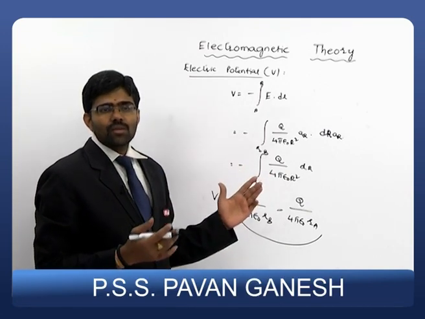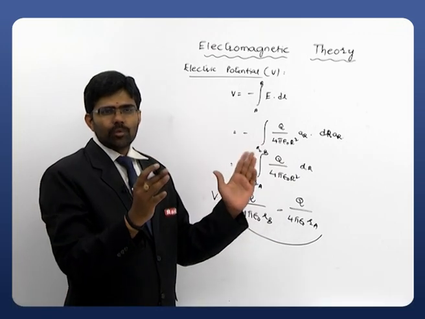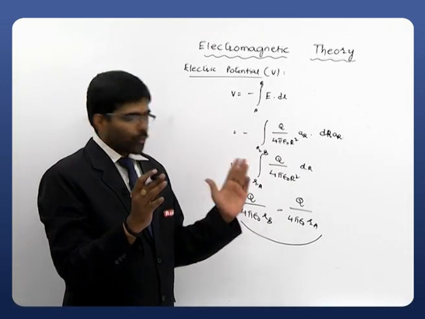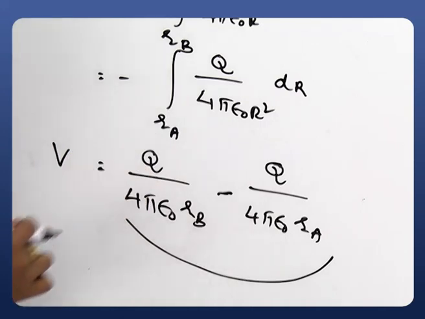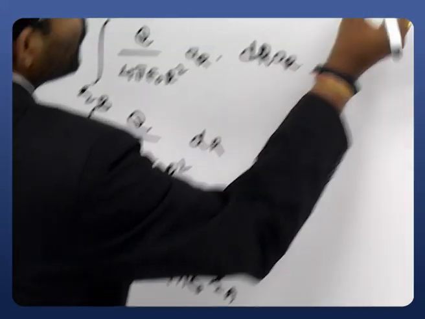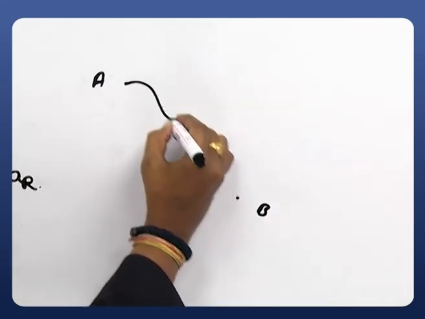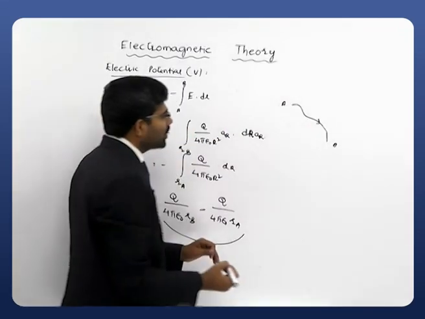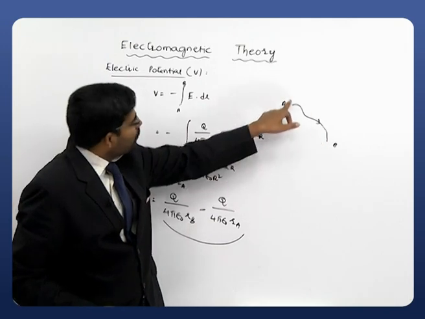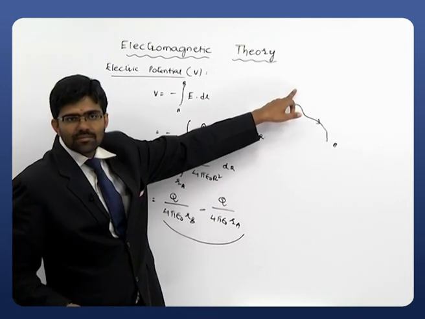Whenever we calculate V, it is not a simple potential; once again remember, it's a potential difference between two points. Here, at point A the charge is there, it was moved up to point B along some path, and we are calculating the potential difference between these two points.